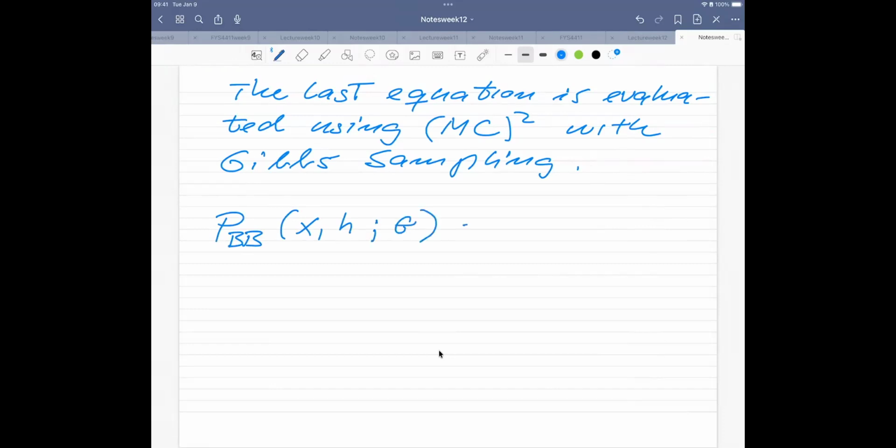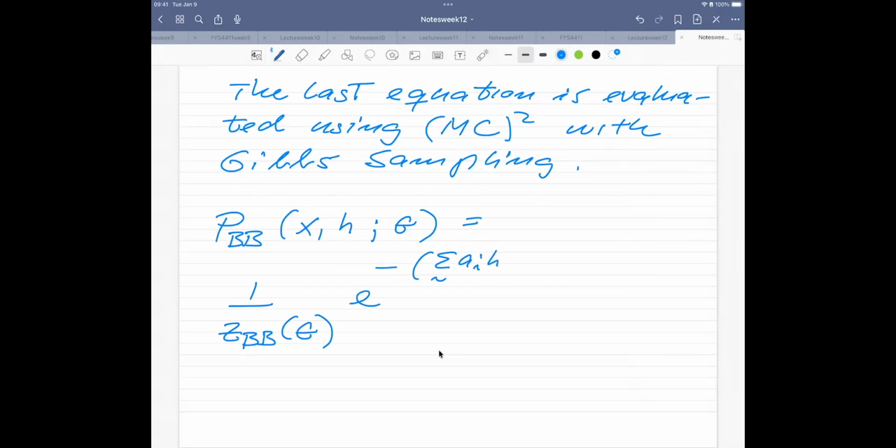And if we now use that model which we had, this is going to be given by 1 divided by the partition function as a function of theta, where we have summed up all the variables x and h. And then we have e to the minus, and then a sum over i, and I'm just going to skip the limits.